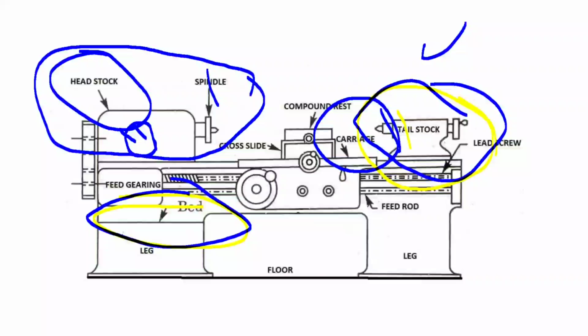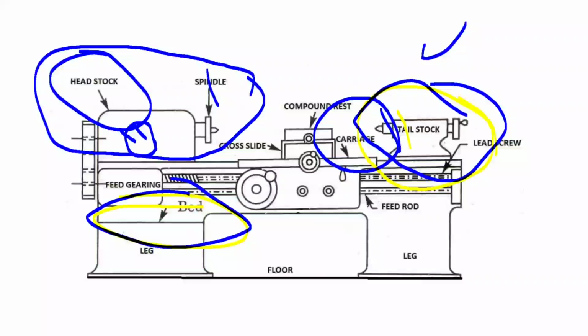Okay, now let's see what are the main parts of the carriage. First is saddle, second is cross slide, third is compound rest, fourth is tool post, and fifth is apron.